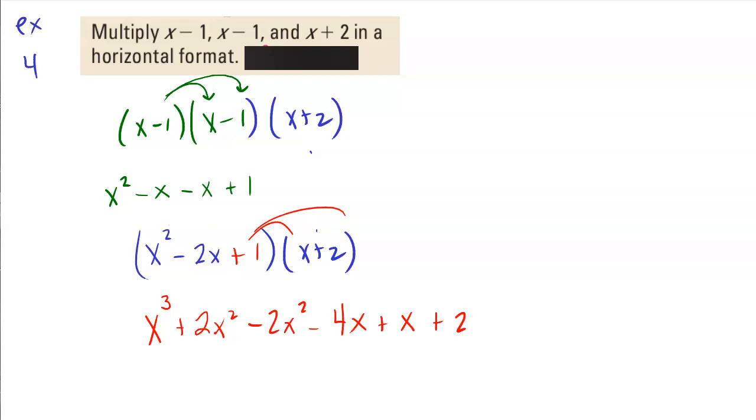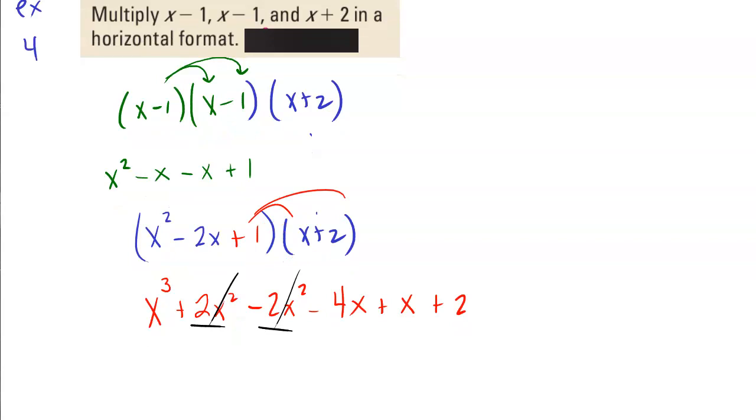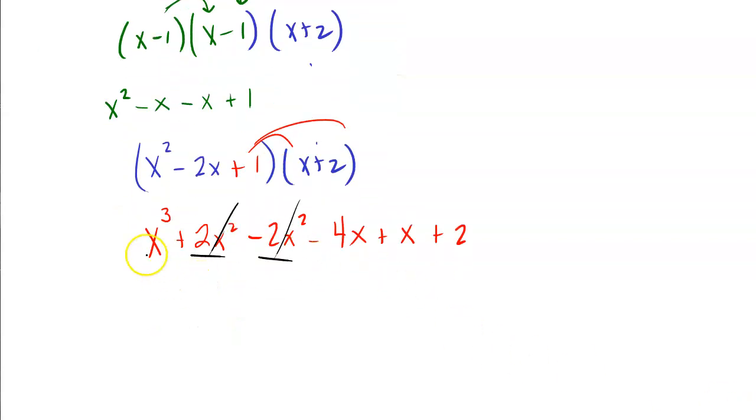All right, so now I have kind of my final answer here, but I want to go ahead and clean things up by combining my like terms. So I can combine this one and this one. I have 2x squared minus 2x squared. That's just going to go away and give me 0x squared. So that completely goes away. I still have my x cubed here, which can't be combined with anything else.